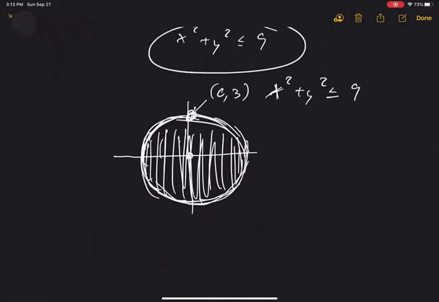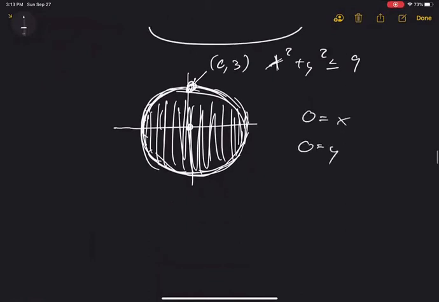Then if I let x be 0 and y be 0, my function would be the square root of 9 minus 0 squared minus 0 squared, which is the square root of 9, equal to 3. So at the exact center, my function is equal to 3.